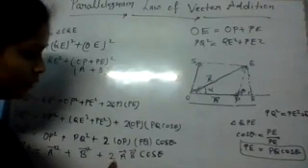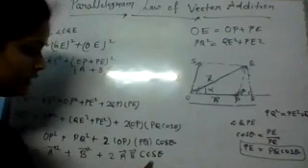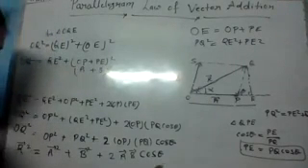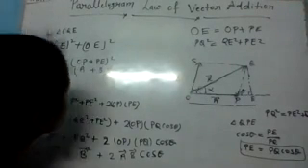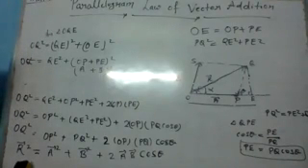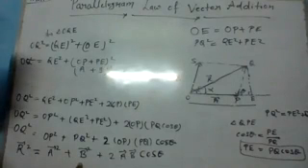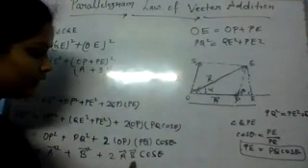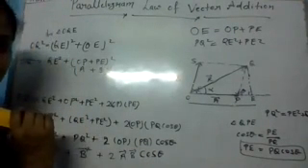Now here 2A vector B vector cos theta. Is this line clear? R vector square equals A vector square plus B vector square plus 2A vector B vector cos theta.